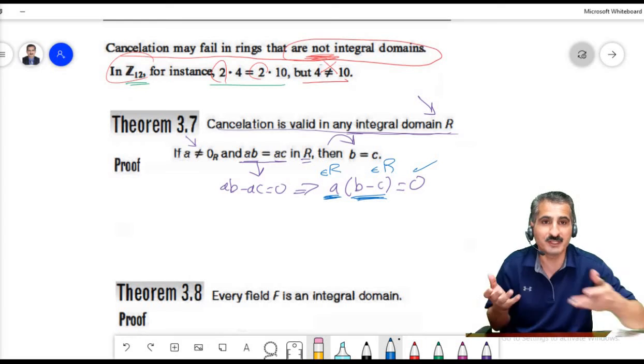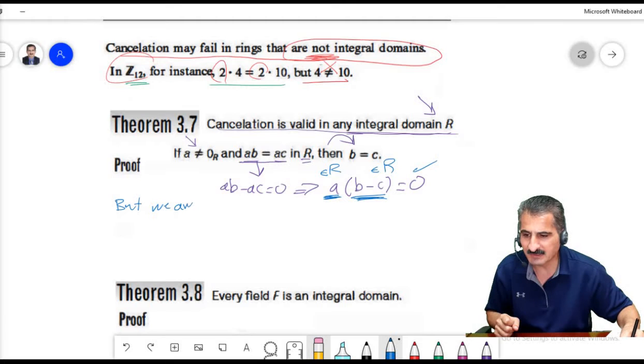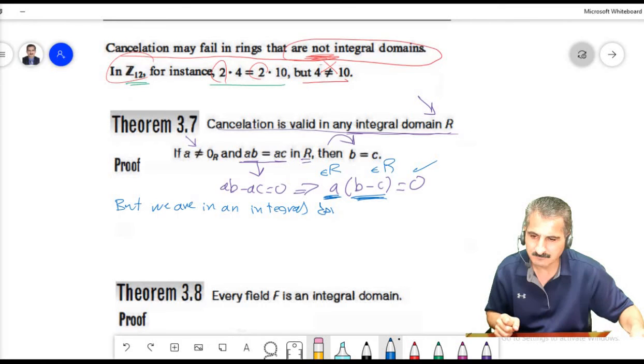So either A is 0 or B minus C is 0. So let me write that: we are in an integral domain, so there are no zero divisors.